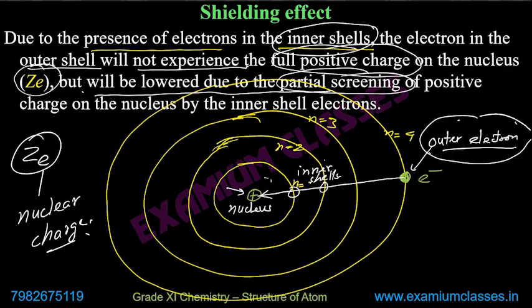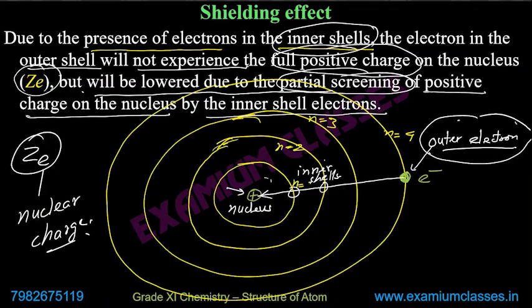So that's why it is also known as screening effect, shielding effect, screening effect of positive charge on the nucleus by the inner shell electron. Now, it is also called effective nuclear charge. So I'm using two terms here and you need to understand because these terms appear interchangeably. Either you say reduction in force of attraction or you say effective nuclear charge is reduced.